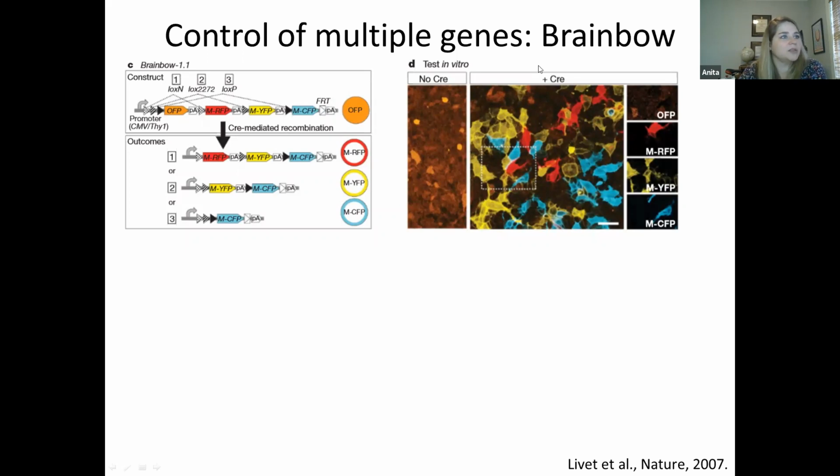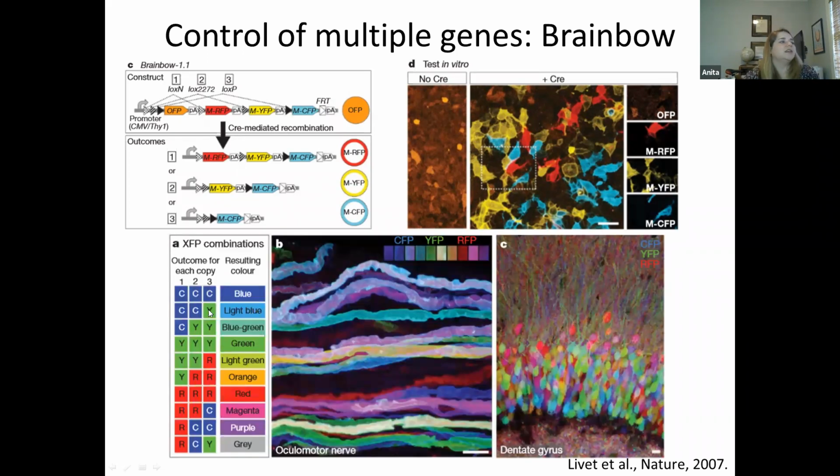And so you can see with CRE, some cells are expressing yellow, some are expressing CFP, and some express YFP. So that's the 1.1 version. And all they did essentially was have 3 of these in a row. In the first case, you have random expression of C, Y, or R, and then that pairs with 2 and 3.